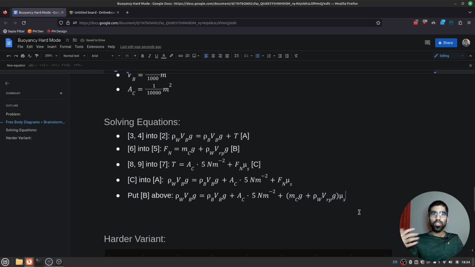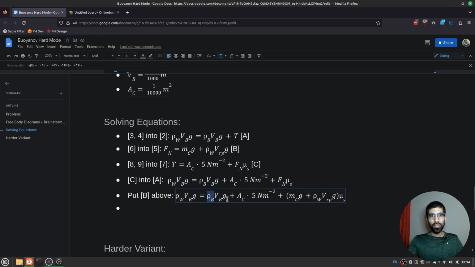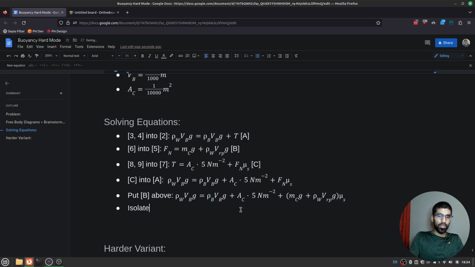Okay, now we just need to isolate our equation for the unknown variable we're looking for, this one. If it helps you here, you could try substituting things around and then isolating. For me, I like to save it till the end, so I'm going to do that. So isolate for density of the buoy.